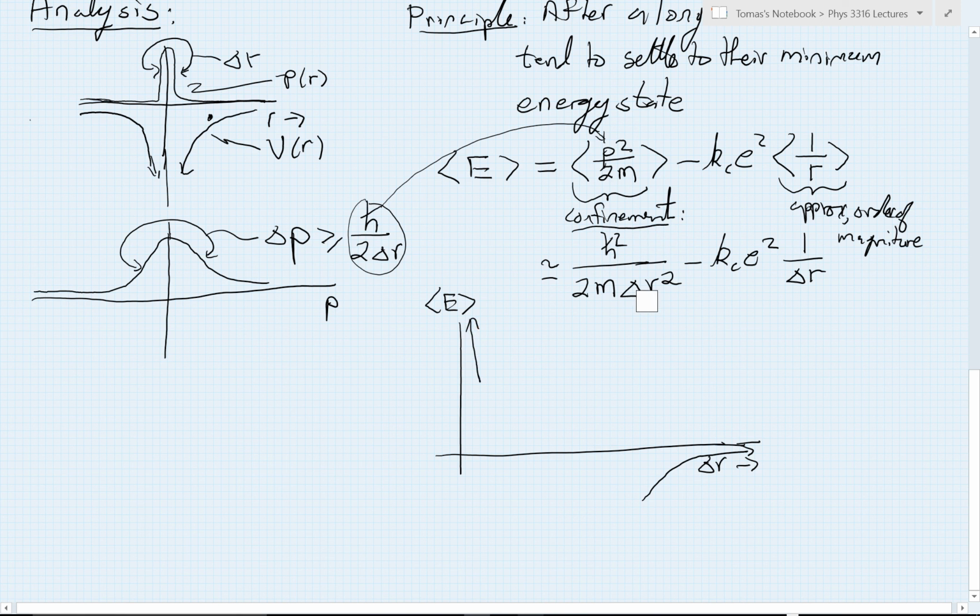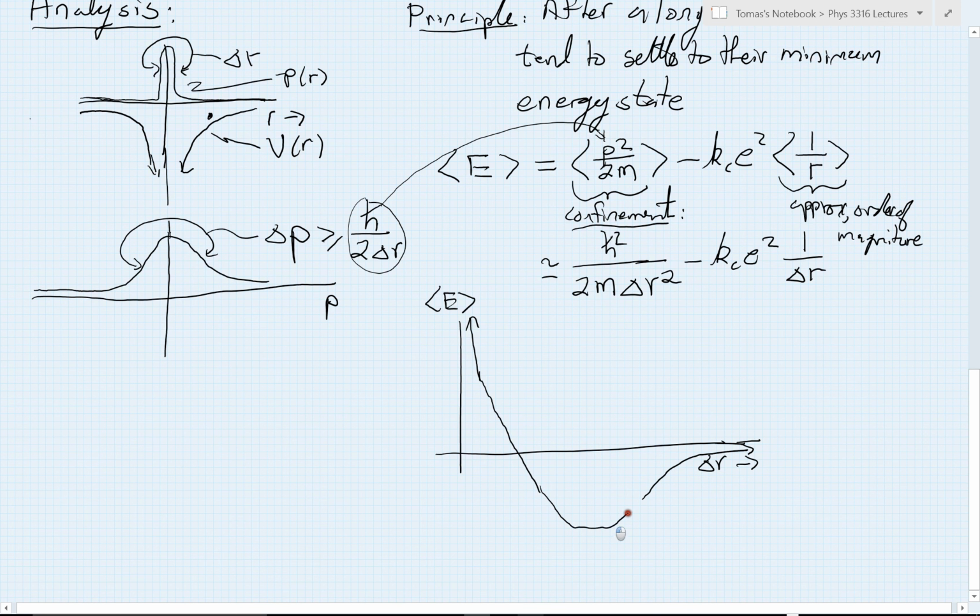And what this term comes from is my confinement energy. So what it's saying is eventually, if I make delta R too small, I've confined my particle so much that it has such a wide spread in momentum that on average I've got this huge kinetic energy cost. Finally, because this is a nice continuous function, we know we have to connect this up in a continuous way. We see then that our function has to have some kind of minimum value.